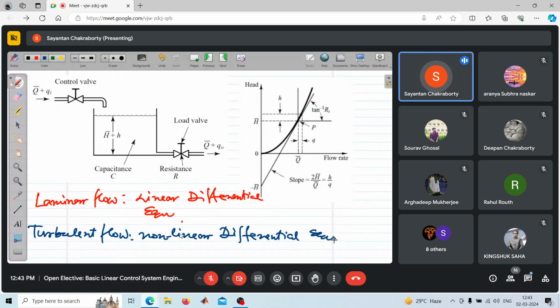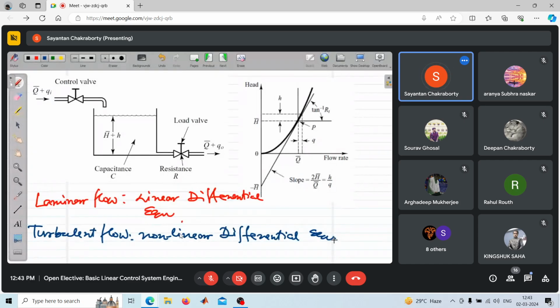H bar was the steady state head before any change occurred, because at steady state the inlet flow rate was Q bar, the outlet flow rate was Q bar, so the height was constant at H bar. Now there's a change in inlet flow rate by an amount small qi. That will cause a change in the height by small h about H bar, and that will cause a change in the outlet flow rate by an amount q0. So we have to model this entire operation.